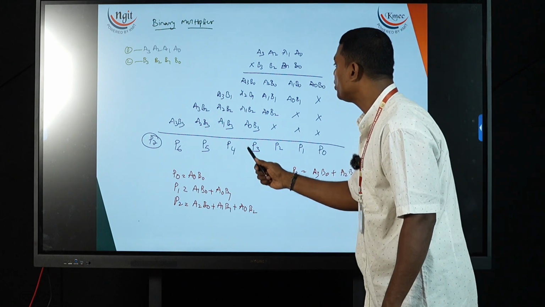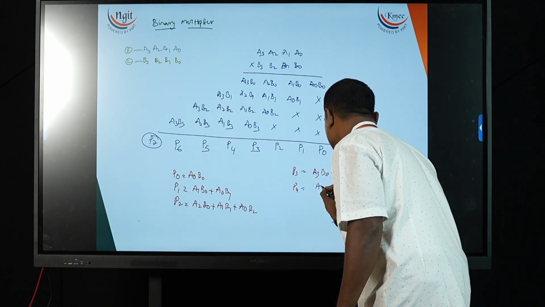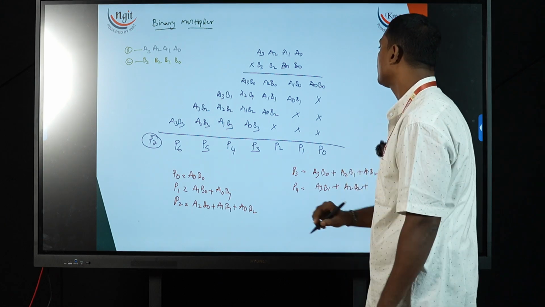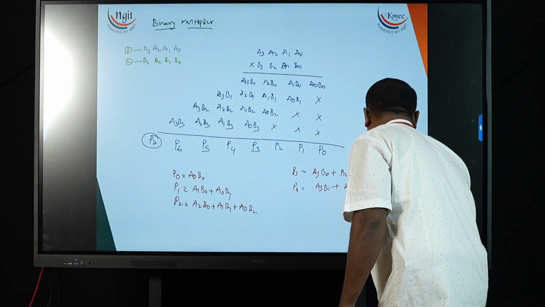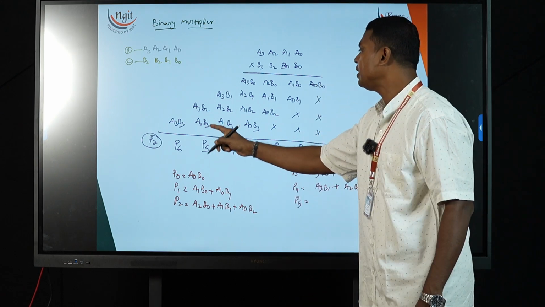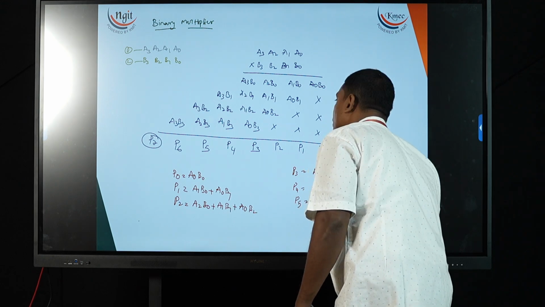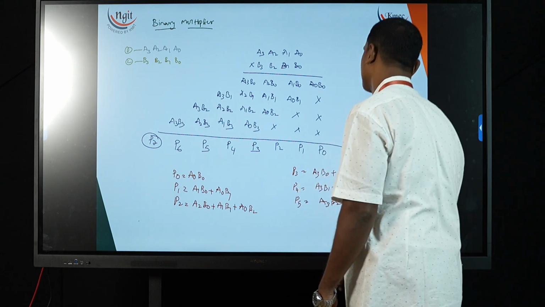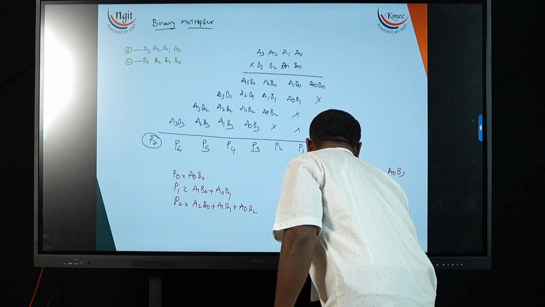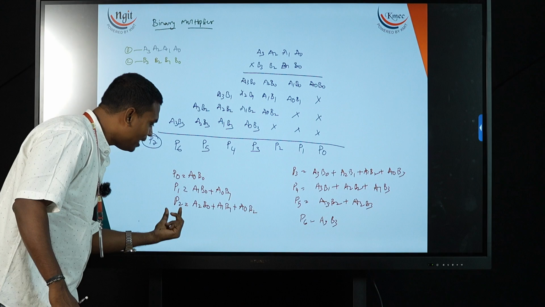Next, coming to P4, it is A3 B1 plus A2 B2 plus A1 B3. Coming to P5, it will be A3 B2 plus A2 B3. My last term is P6, which is A3 B3.